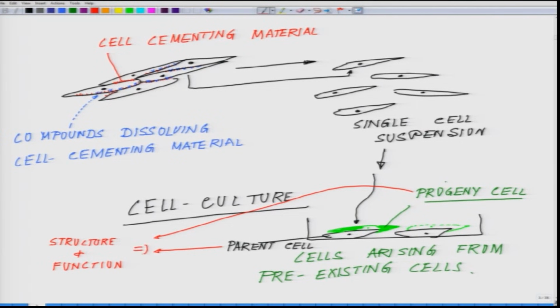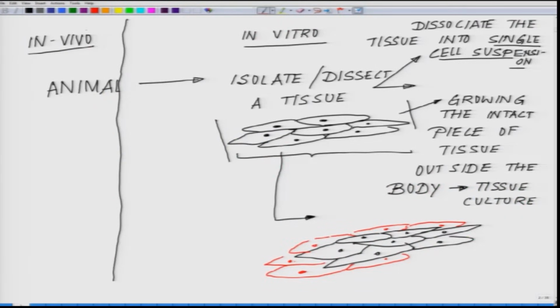Are they the same? Not only that, are their structure and function the same as their in vivo counterpart? What is the in vivo counterpart?